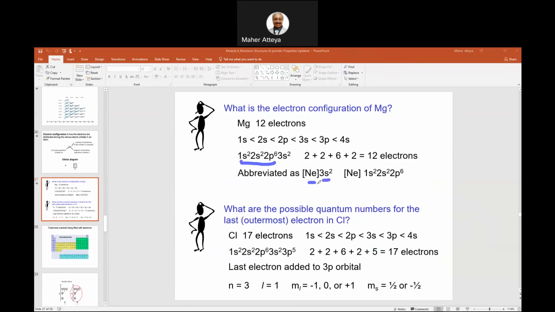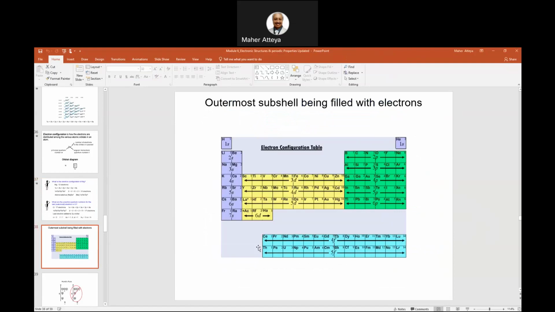That's abbreviated. So how do we do this? Well, let's look at this periodic table. What's happened is, in order to look at the electrons, you look at this. So here it is.